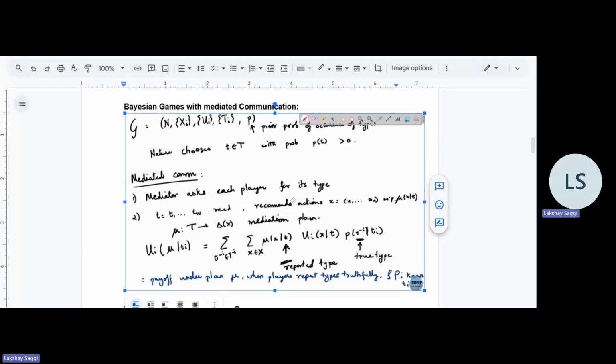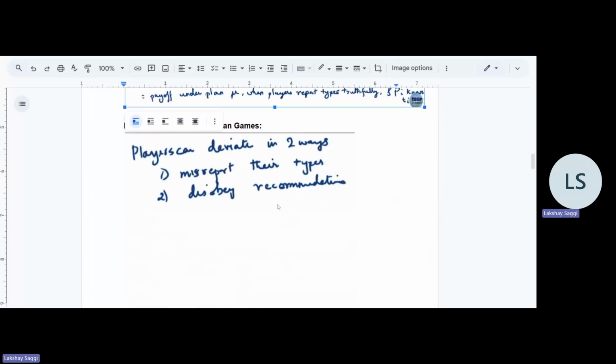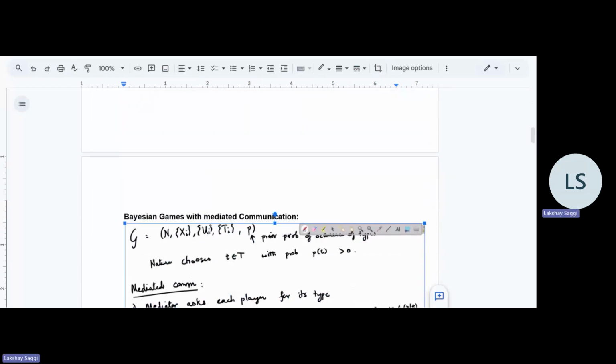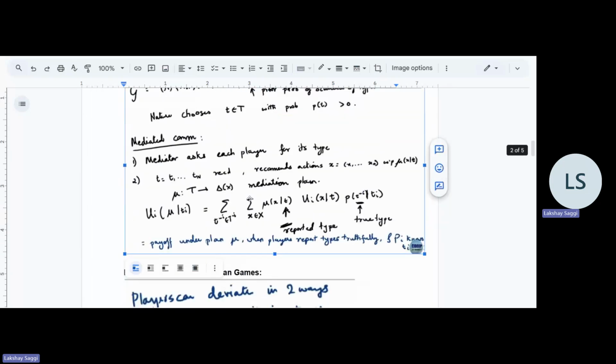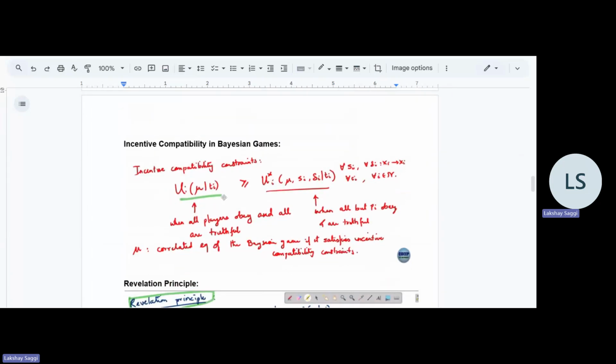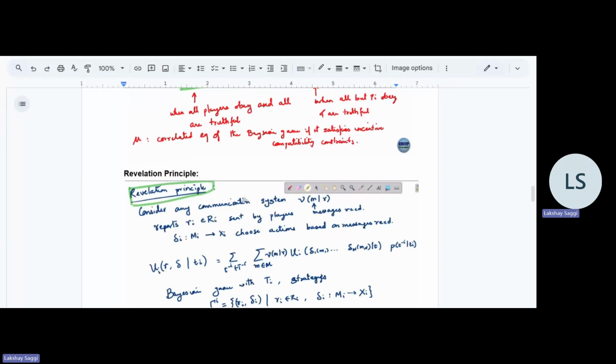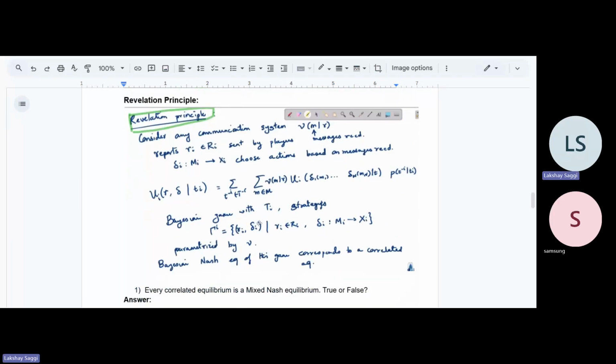And as we said, it almost reduced to the case of correlated equilibrium itself. In Bayesian games also we had these incentive compatibility constraints, like we had in correlated equilibria. And the revelation principle says that this can be generalized to any communication system where players are communicating within themselves.